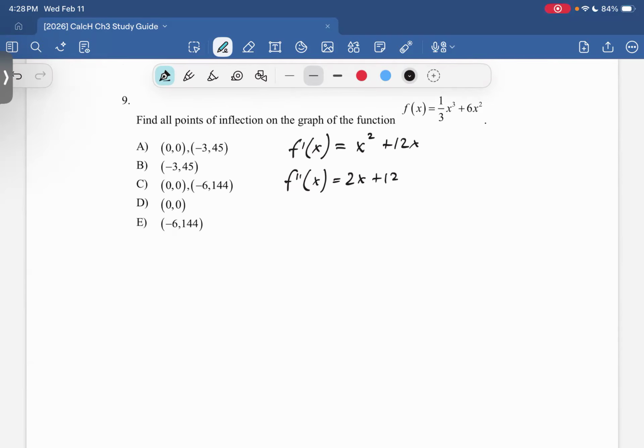And so this equals 0 when x is equal to negative 6. You're also going to want to check to make sure that the concavity actually changes at that point. That's not too hard to do. You'll find that we go from negative to positive concavity at that point. So the answer should be E, 9E.